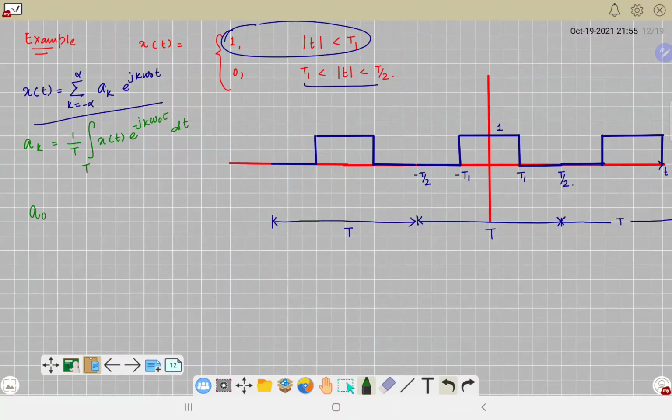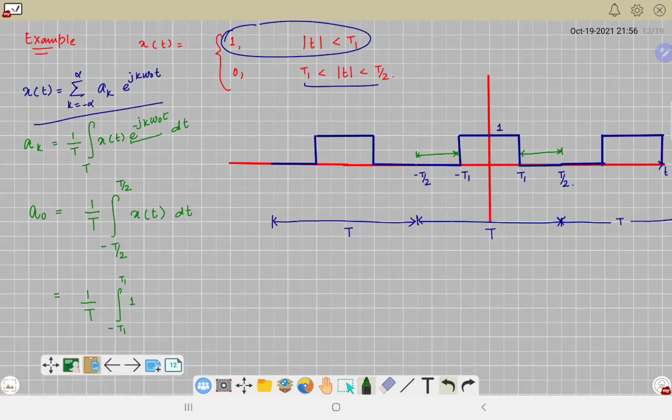Obviously we'll be starting with a0. It will be 1 by T. The time period is still T, but it will extend from minus T by 2 to T by 2, with the signal x(t). Since this is a0, the exponential component will be 1, so let's not write it. Then I will modify the limits, because from minus T by 2 to minus T1 and from T1 to T by 2 the signal is 0, and it has a value 1 in the range minus T1 to T1.